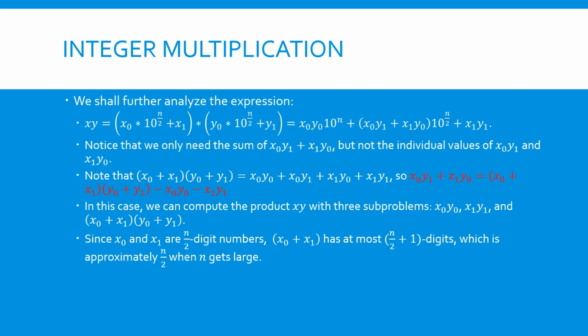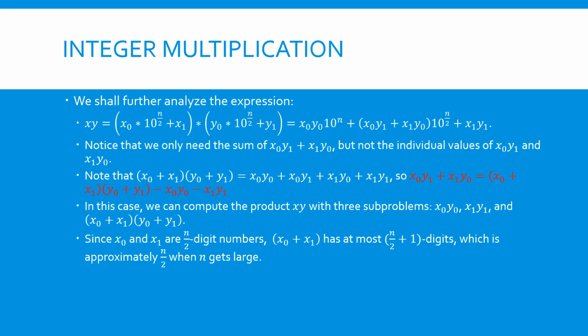To optimize the divide and conquer approach, consider how the product x times y can be computed. Observe that we do not need to compute the actual values for x0 times y1 and y0 times x1. Knowing their sum is sufficient to compute x times y. So, how can we determine their sum without knowing the individual values? We turn to the equation highlighted by red in the slide.